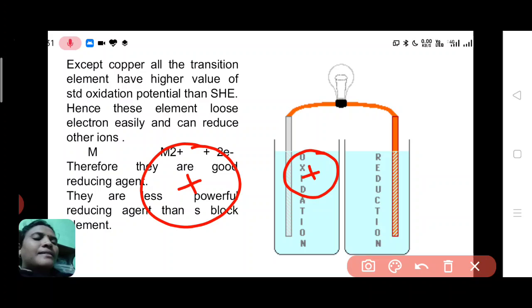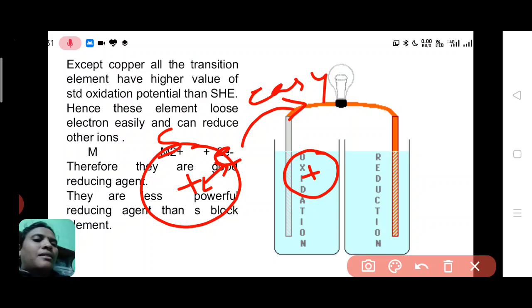So s can lose its electron easily. Why? Because there is a large distance between electron and nucleus. So there is no strong electrostatic attraction between this nucleus and electron. So that's why the electron of the s shell can be easily removed, and s is a more powerful reducing agent.